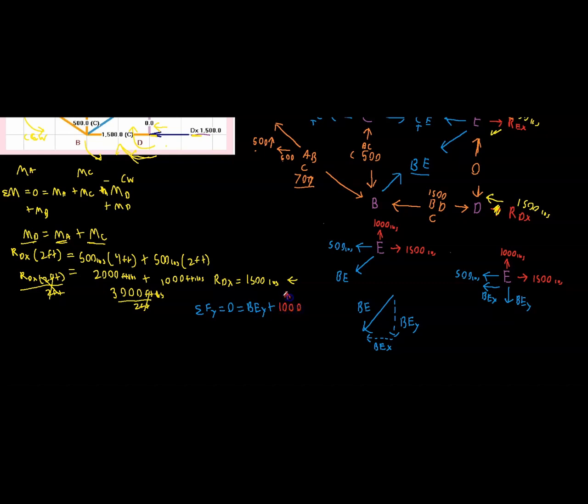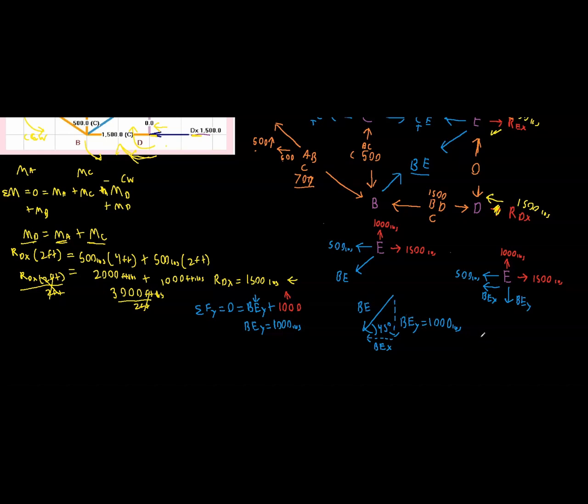And since 1,000 pounds is going up and BEY is going down, I can then assume that BEY equals 1,000 pounds. And so, okay, I know BEY is 1,000 pounds, and I know that this angle is 45 degrees. I can then use sine to solve for vector BE.